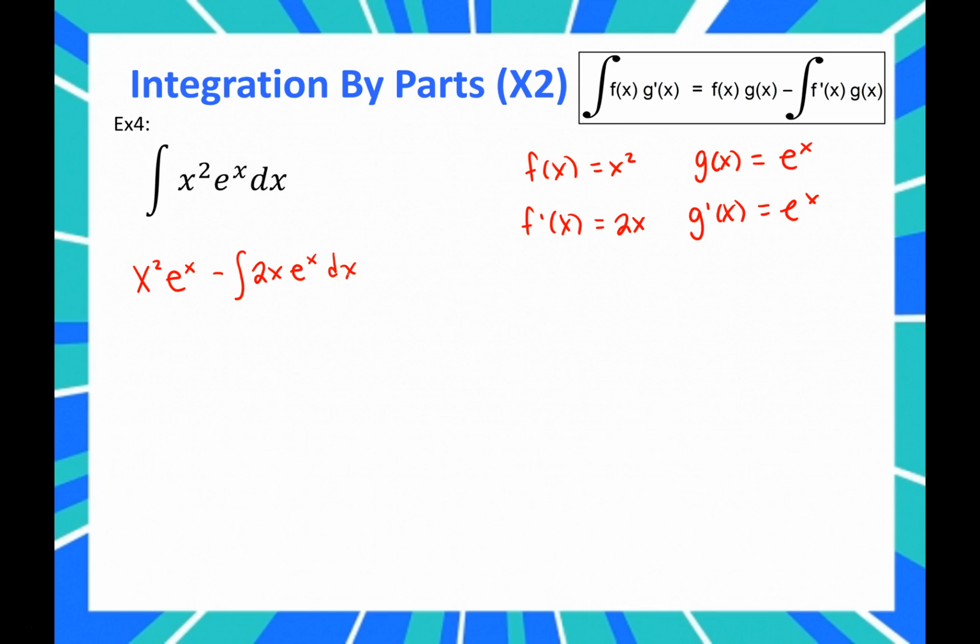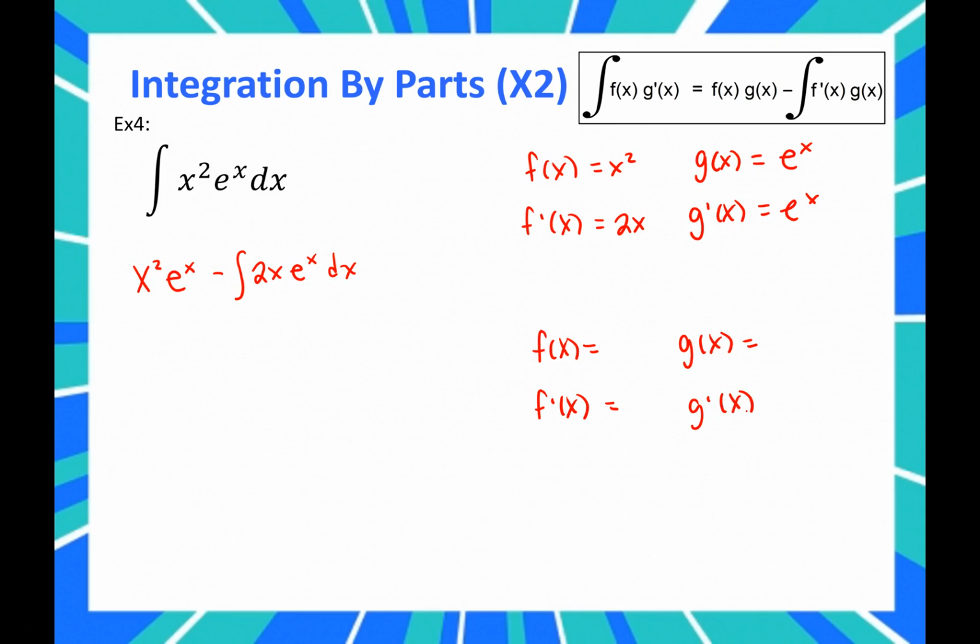Now, unfortunately, we don't know how to take the integral of this. In the last video we watched, we were able to find the integral and then we were done. What we're going to have to do is this whole process over again, where I'm going to let f of x equal something, f prime of x equals something, g of x, g prime of x.